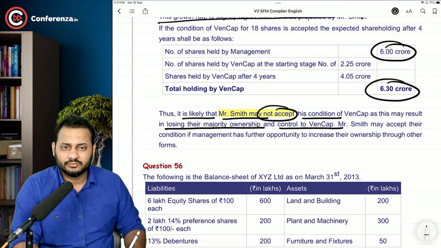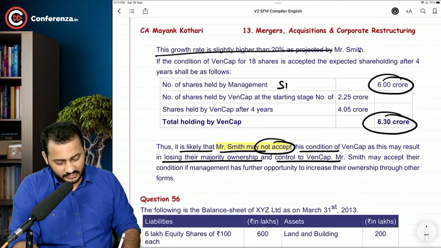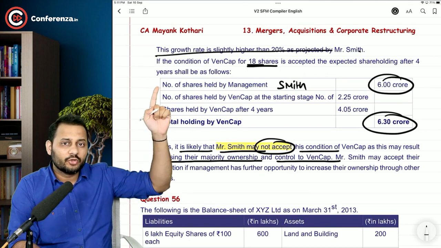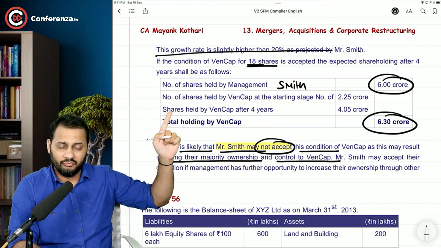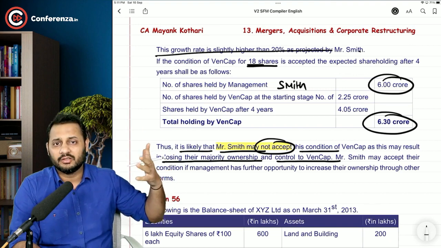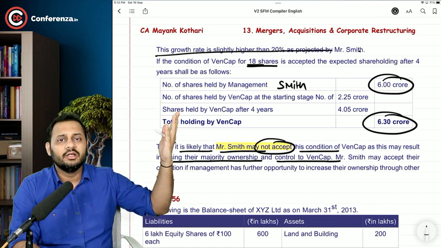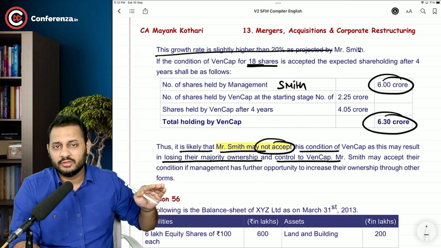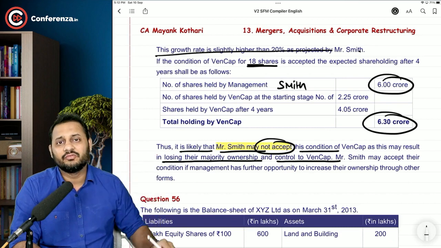Nobody is going to accept this offer, because after this offer of converting one debenture into 18 shares, if we accept it, Mr. Smith will be holding only 6 crore shares of the company, and Vencap will be holding 6.30 crore shares. What will happen? The entire control of the company will land in the hands of venture capital.